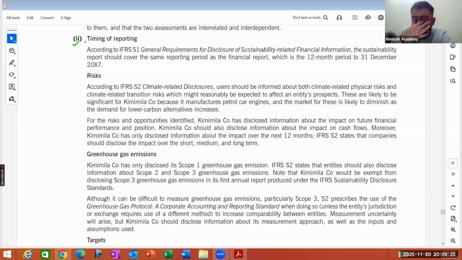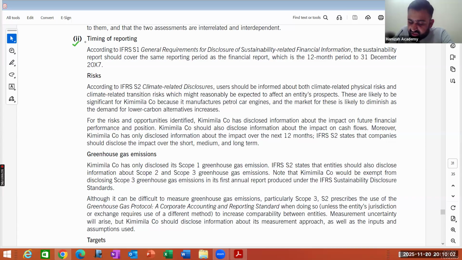Now, we are moving towards EV cars on the assumption that EV cars cause less damage to the environment as compared to traditional cars. This transition is a very serious risk for the automobile industry or related industries. So, transition risk is very significant for K company, and they haven't disclosed the detail of the transition risk. They have just disclosed the physical risk, not the transition risk.